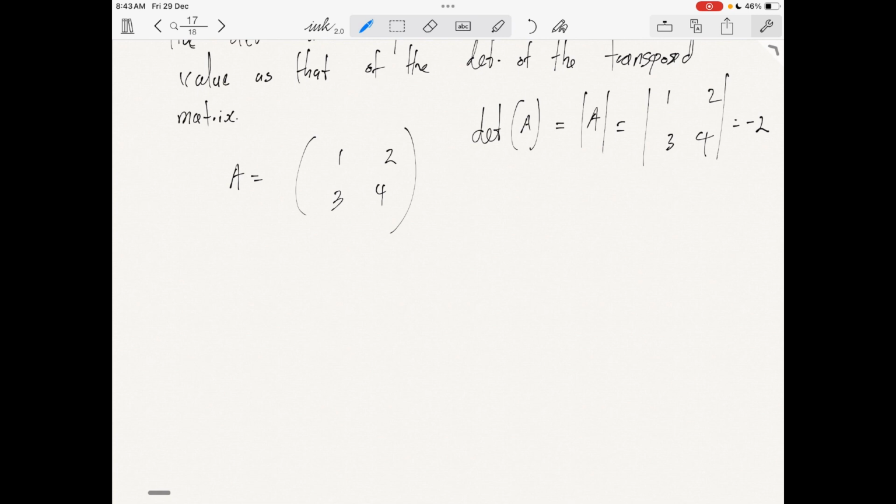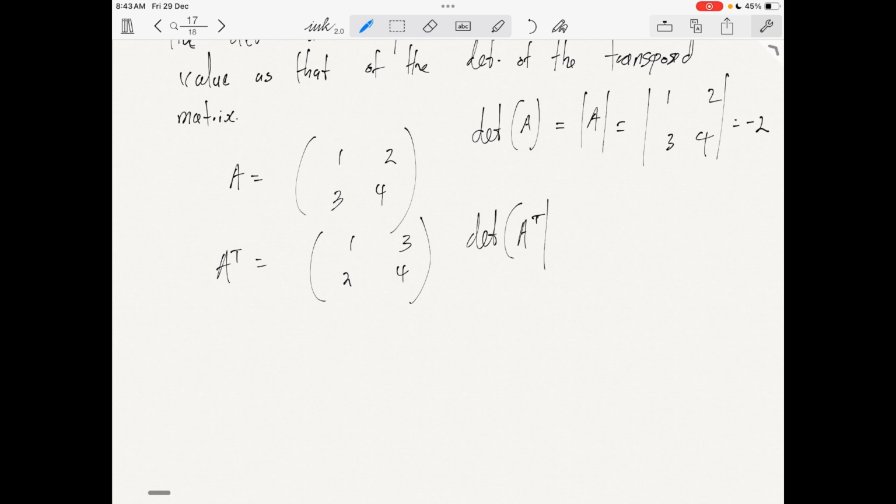Now if we evaluate the transpose of A, the first row becomes the first column, 1 3, and the second row becomes the second column, 2 4, right? And we are asked to take the determinant of A transpose.